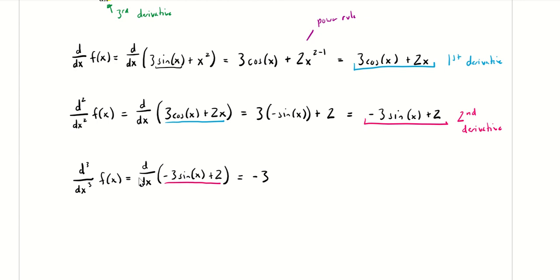Derivative of sine is cosine, so negative 3 times the cosine of x. Derivative of a constant on its own is 0. So my third derivative is actually quite simple. It's negative 3 times the cosine of x.